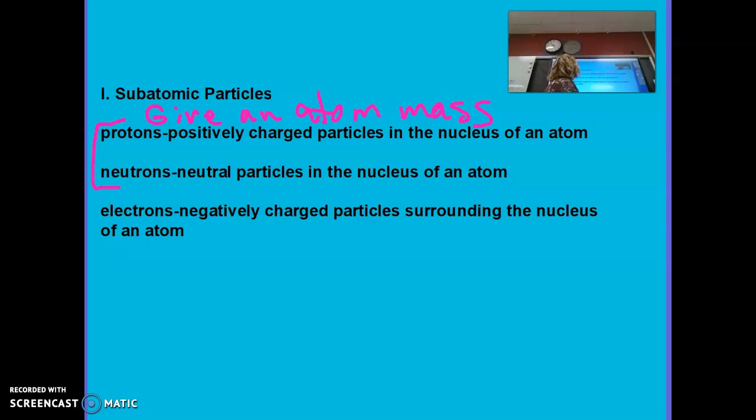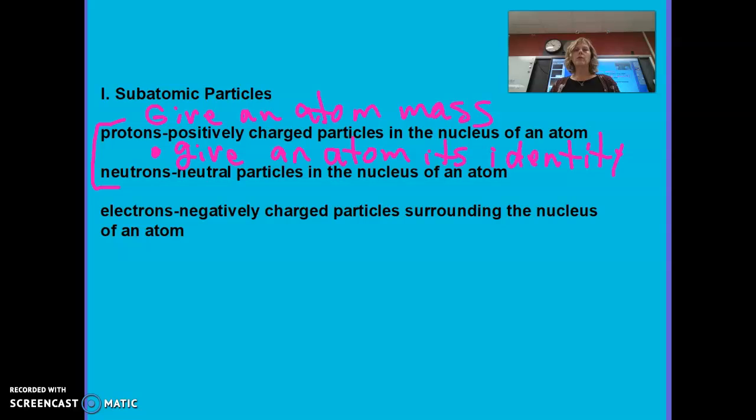Protons specifically give an atom its identity. So, for example, if I look at the periodic table, I see element number 6 is carbon.